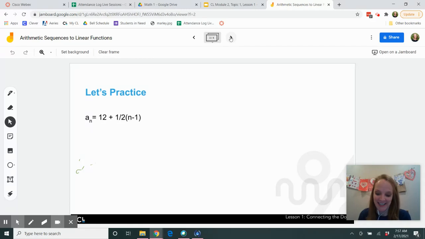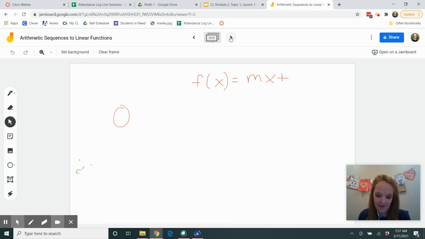So we have an equation. I'm going to start off with how it needs to look because we're putting it into linear function form, slope-intercept form. The common difference, here we go. Oops, sorry.